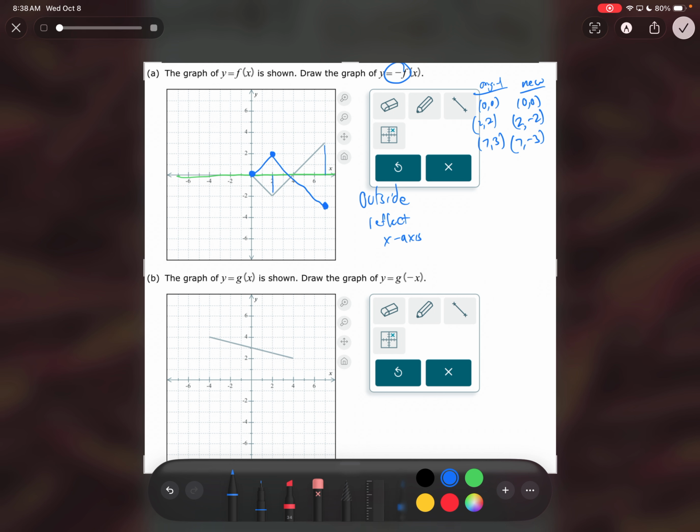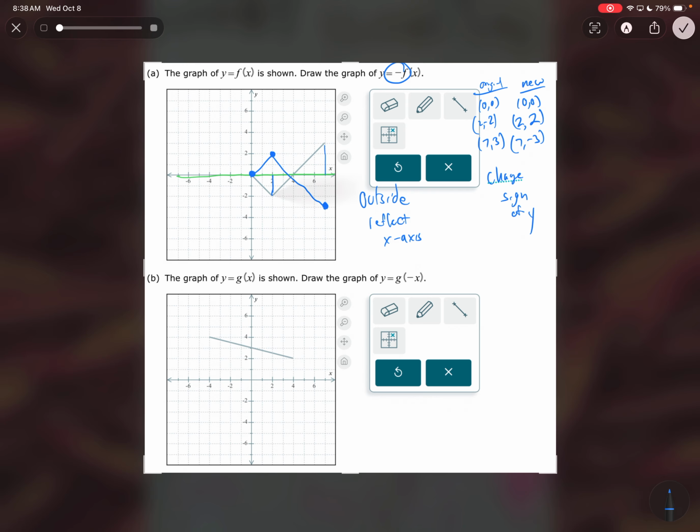My original was -2, so I make that +2. So all you do is change the sign of the y. But to me, it's easier just to say, okay, the original is 2 below, so I go 2 above. The original is 3 above, so I go 3 below.